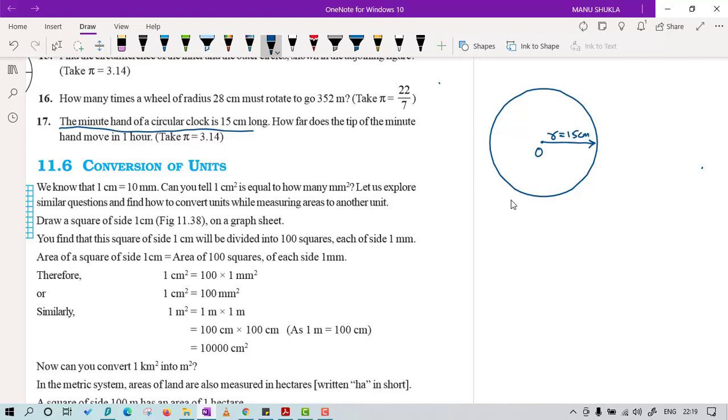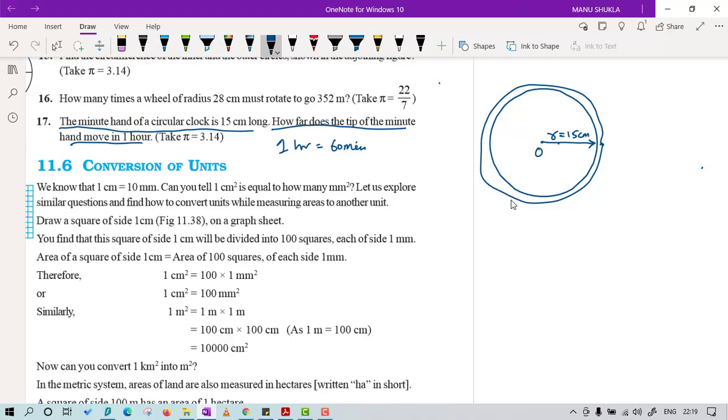Now they are asking how far does the tip of the minute hand move in 1 hour? It is very simple. We know in 1 hour there are 60 minutes. And 60 means it will do a complete rotation. That means if it is here, it will move like this, do a complete rotation and come back to this point.